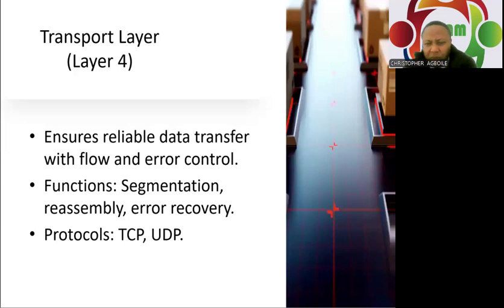Then also the function is to cause flow control using techniques like sliding windows. Then talk about error recovery and acknowledgement of successful transmission. It is at this level that there is a report of successful transmission of data.